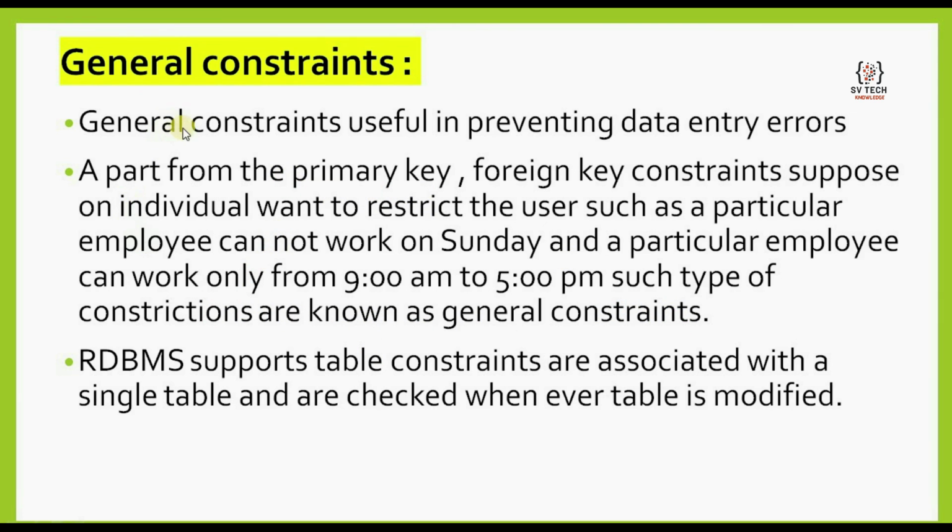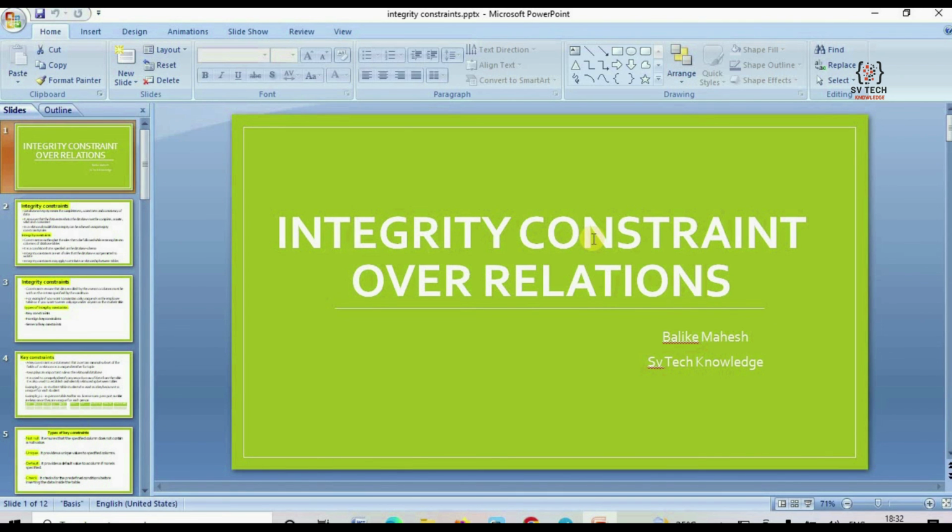Simply, user-defined conditions are general constraints. RDBMS supports table constraints, which are associated with a single table and are checked whenever the table is modified. This is all about integrity constraints over relations.